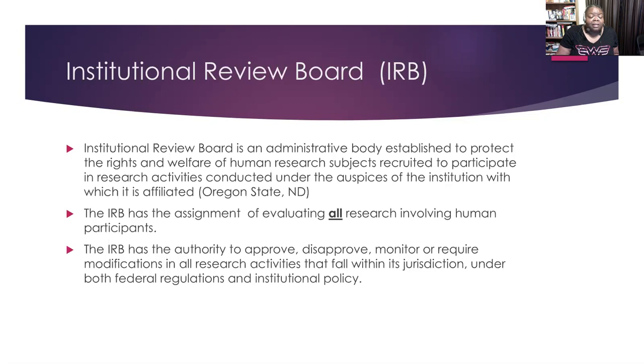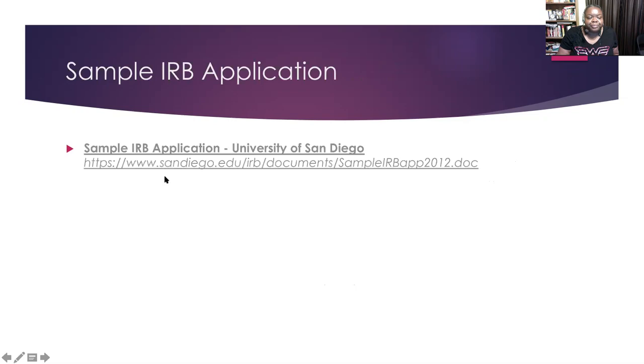They have the authority to do this under federal regulations and the institution's policies. This is just to ensure that all of the research projects that are going on are ethical and do not infringe on the subject's rights as a human.